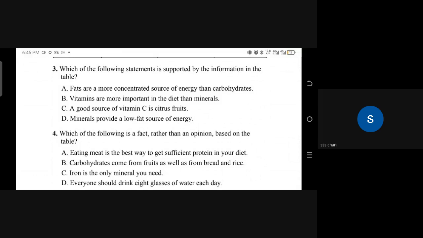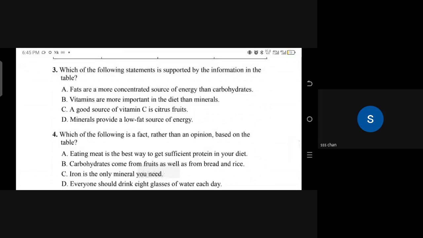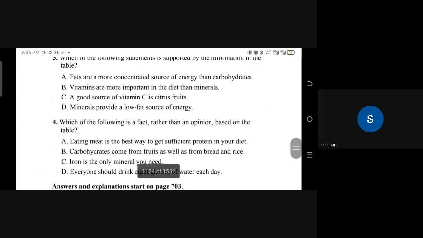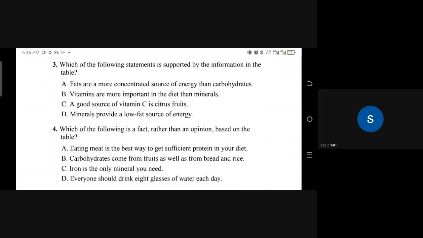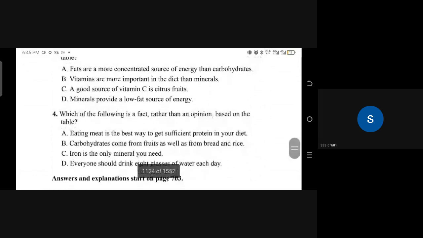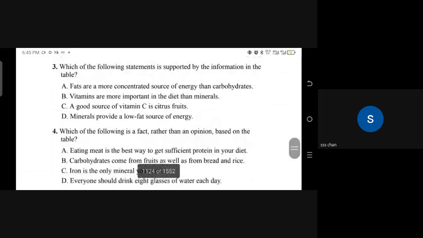A, eating meat is the best way to get sufficient protein in your diet. B, carbohydrate comes from fruit as well as from bread and rice. C, iron is the only mineral you need. D, everyone should drink 8 glasses of water.